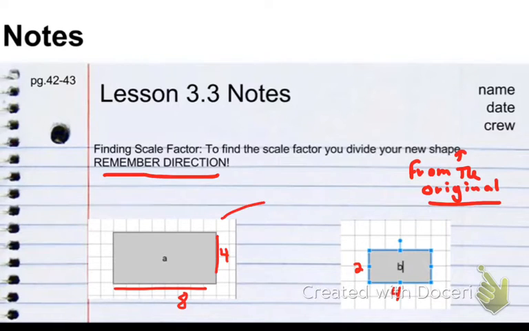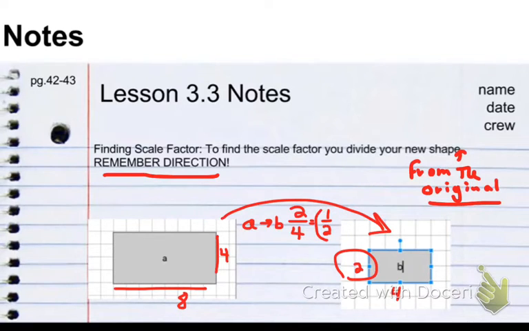Let's say I'm going from A to B. If I'm going from A to B, I would divide my new shape, which is 2, and divide it by its corresponding side, which would be 4. And that would reduce down to 1/2.